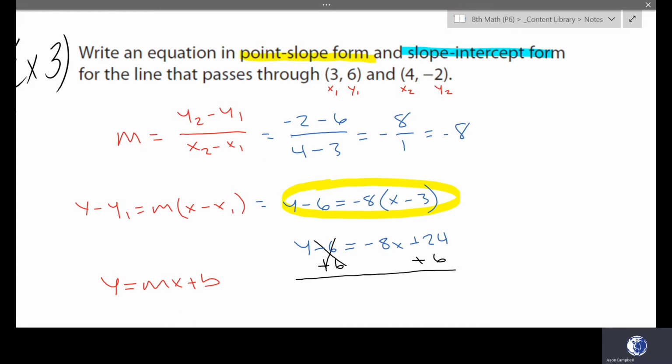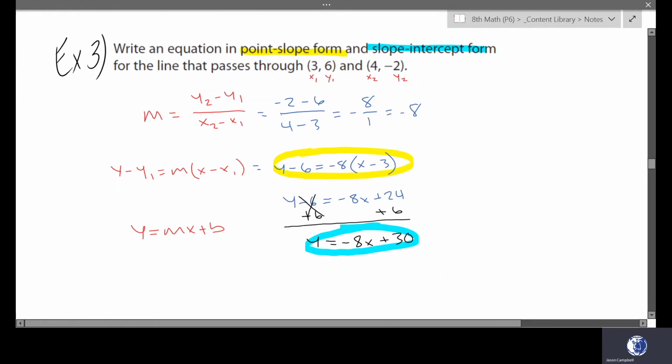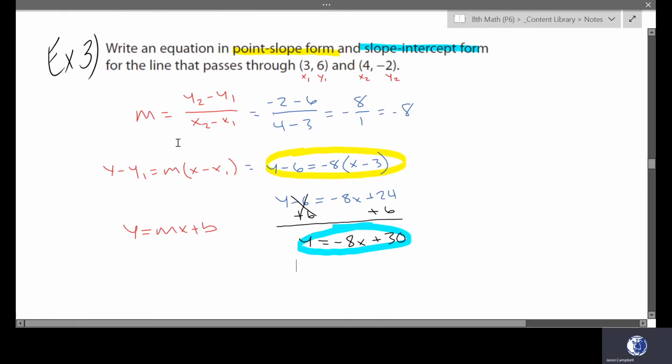When I do that, y is equal to negative 8x add 30. And that's my equation in slope-intercept form. So for this one problem, I needed the slope formula, point-slope formula, and slope-intercept formula.